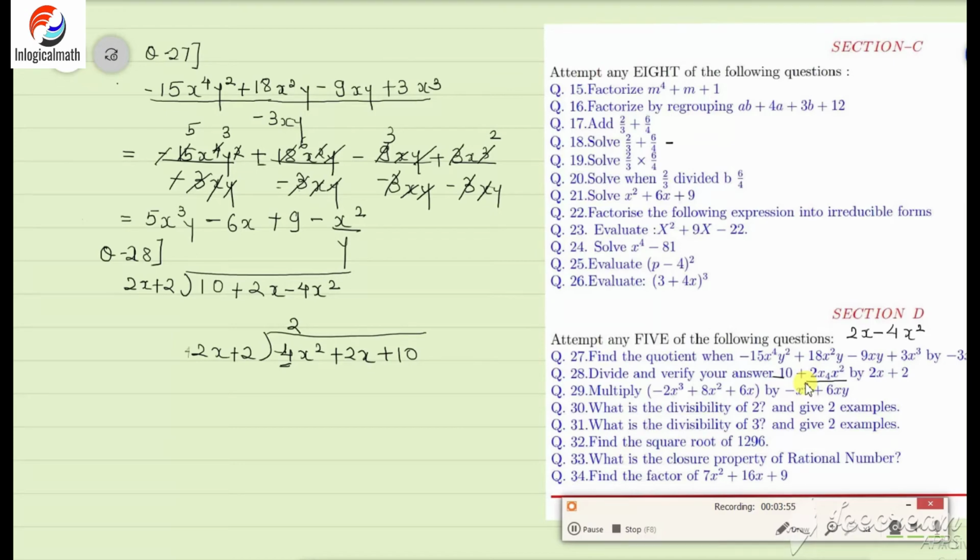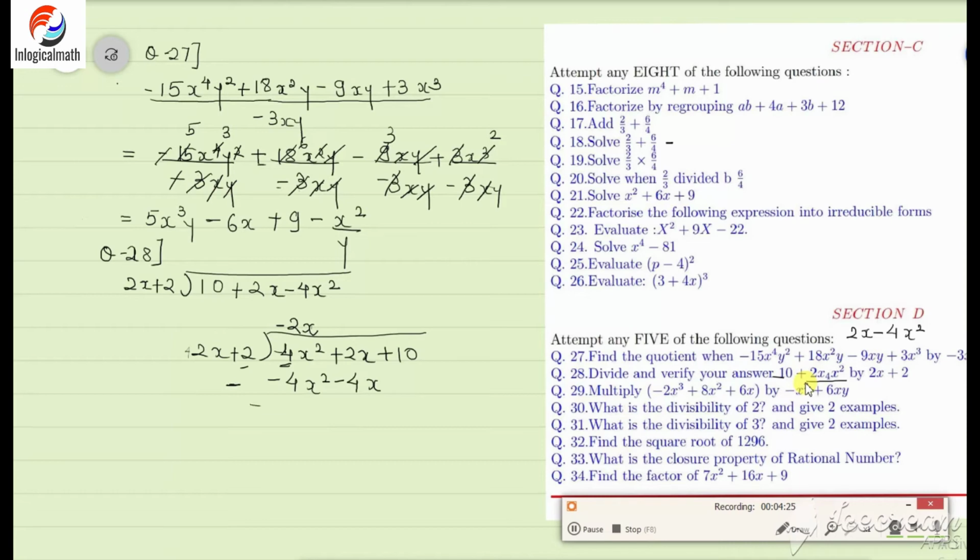Here plus sign is already given, so we multiply by minus, so plus minus will become minus, and x. So multiply it by x, minus 2x. Minus 2x multiplied to 2x plus 2, what we get? Minus 4x square. Minus 2x multiplied to this 2, we get minus 4x.